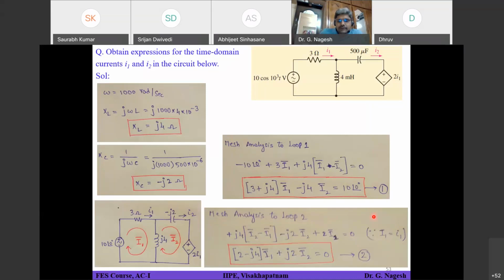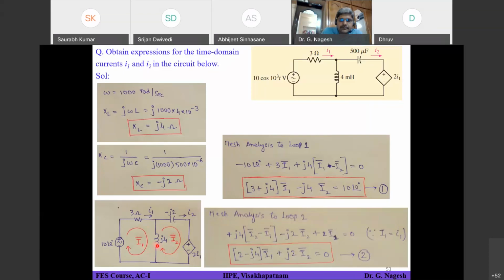Since your I1 phasor is coming from top to bottom and I2 phasor is flowing from bottom to top, I1 minus I2 will be the current coming from the upper node to the ground node. So from top to bottom it should be I1 minus I2 phasors.